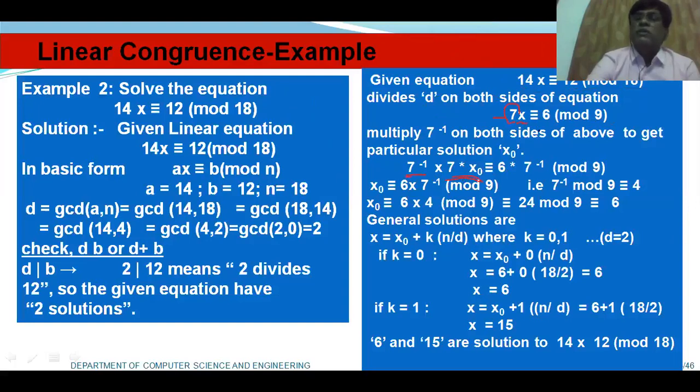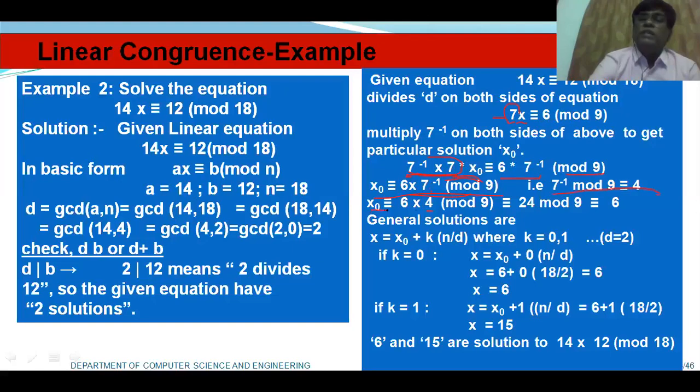This is congruent to 6 into 7 inverse mod 9. 7 inverse into 7, its value is 1. That's why x naught is equal to 6 into 7 inverse mod 9. The 7 inverse value, I already told you, is 4.